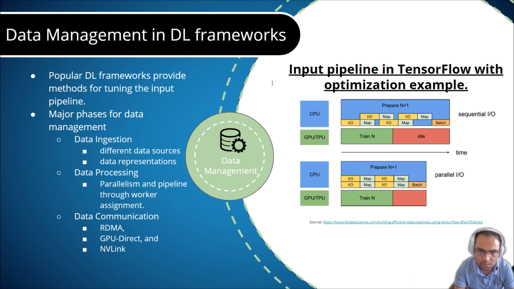Data preprocessing, that is, what data operators are applied in memory on the data before feeding it to the training loop. And finally, data communication, how data exchange occurs between workers of the deep learning training framework. These phases have their own software and hardware optimizations supported by modern deep learning frameworks.